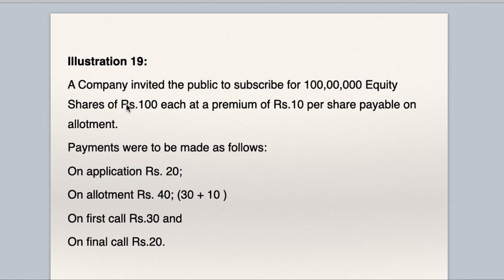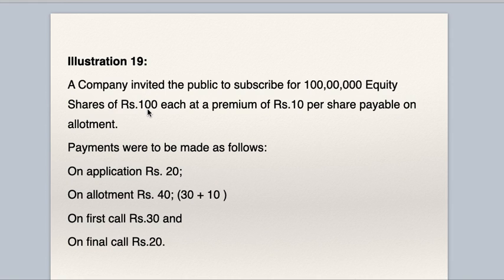So this question again I have rewritten so that it will be easy for you to understand what has been asked. A company invited the public to subscribe for 1 crore equity shares of 100 each at a premium of 10 per share, and this premium is payable along with allotment.